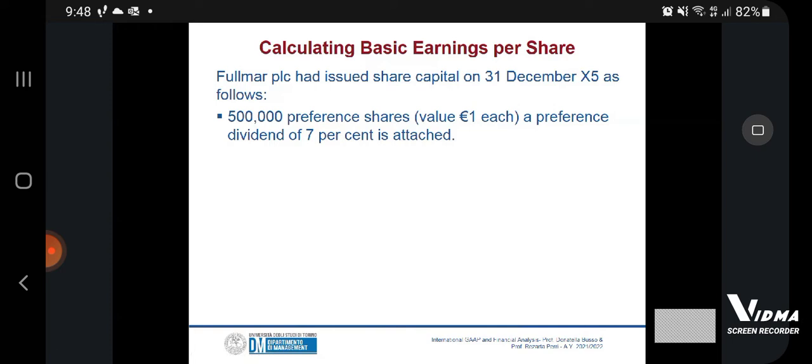And usually before we distribute common dividends, we have to distribute the preferred dividends. In this case, we have this number of preferred shares. Their value is €1 each, and the attached dividend is 7%. Now the dividend of 7% is calculated on their value. That is 7% of €1 for each of the preferred shares.